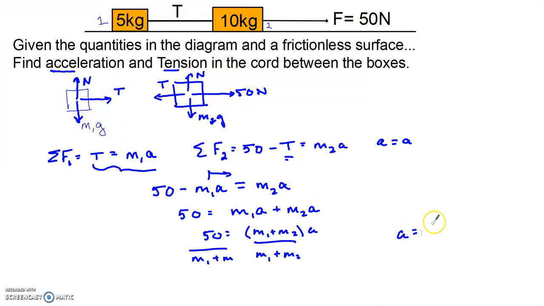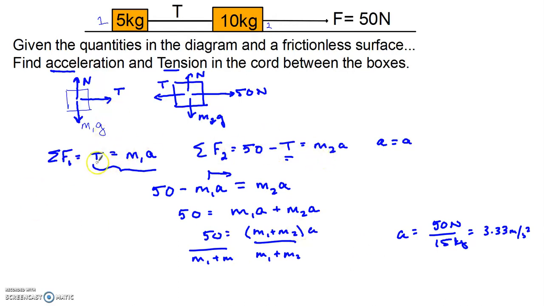So I get acceleration is 50 newtons divided by 15 kilograms. And so the acceleration comes out to be 3.33 meters per second squared.